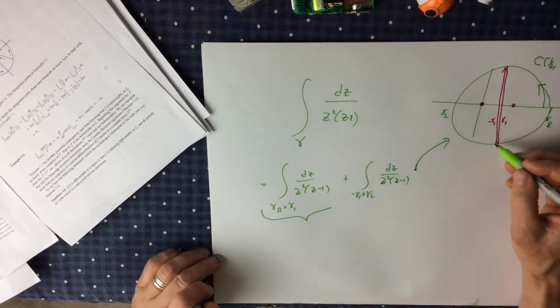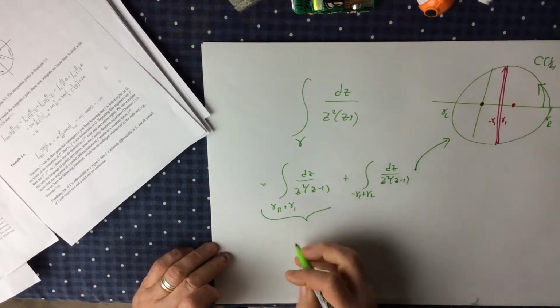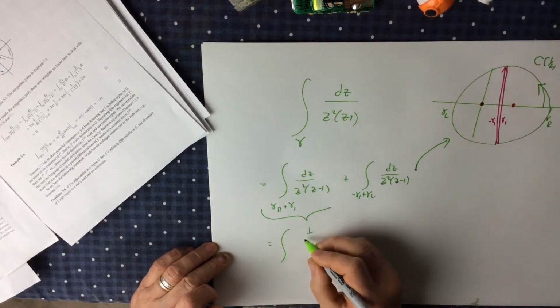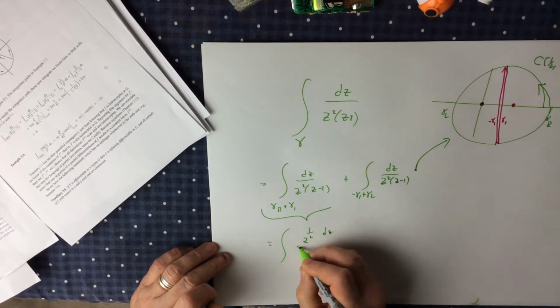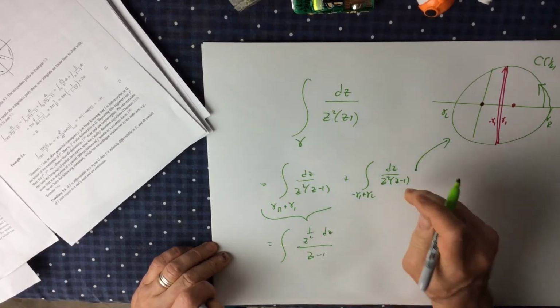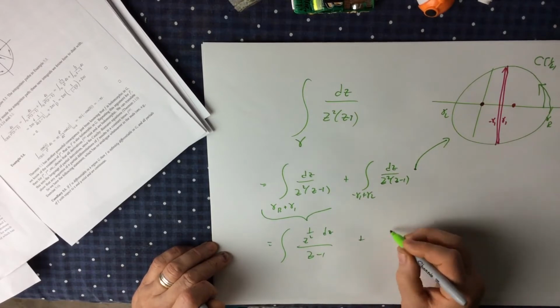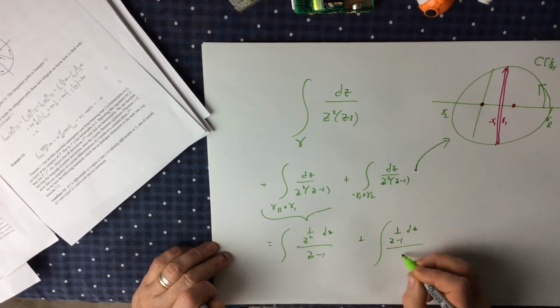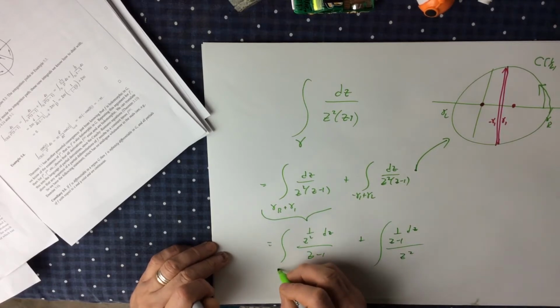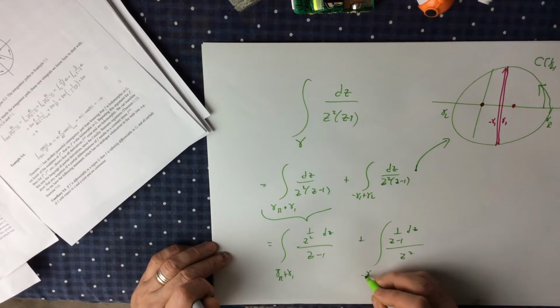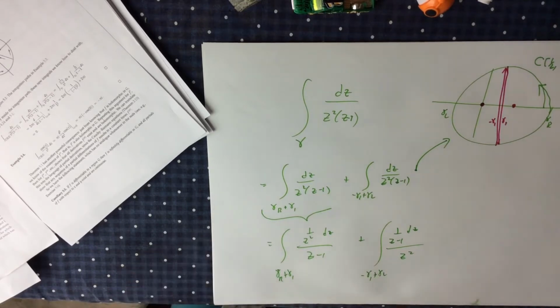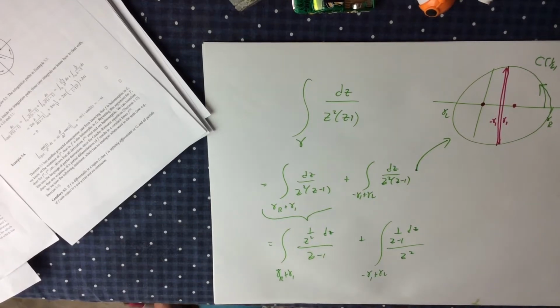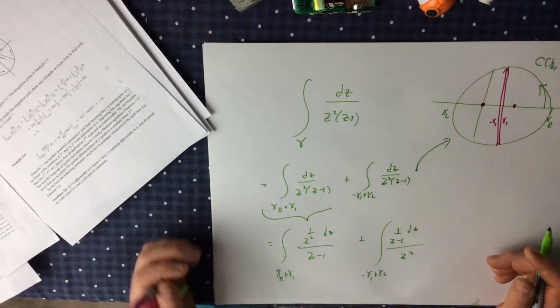This one has this on the inside, so we write it, and this one has the z squared on the inside, and so we write it, and this is gamma r plus gamma 1, and this is minus gamma 1 plus gamma l. So now each one of these is an integral that we know the answer to.